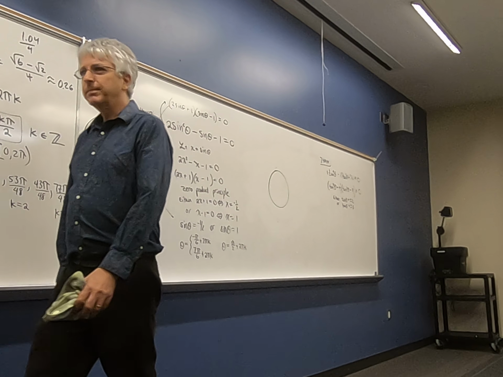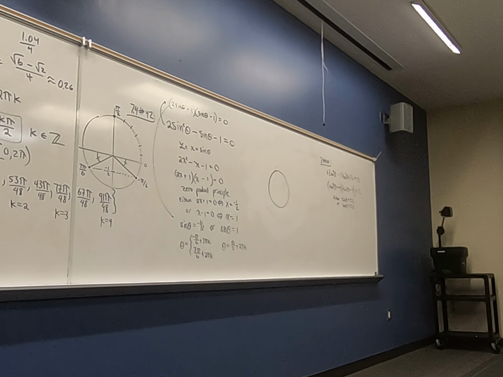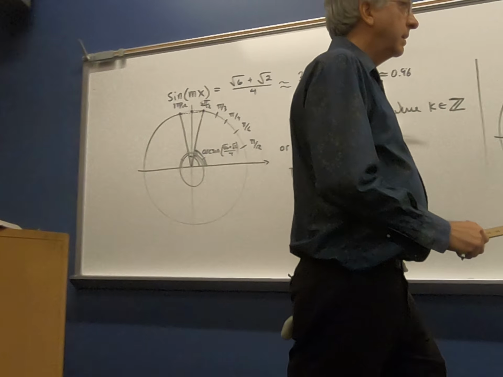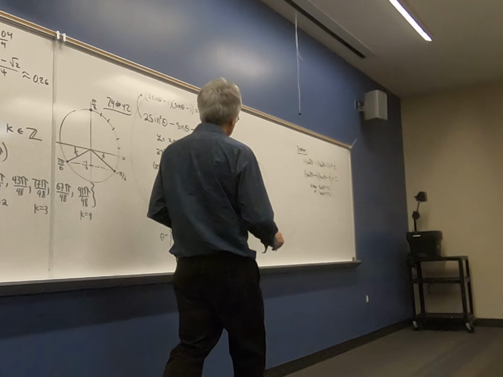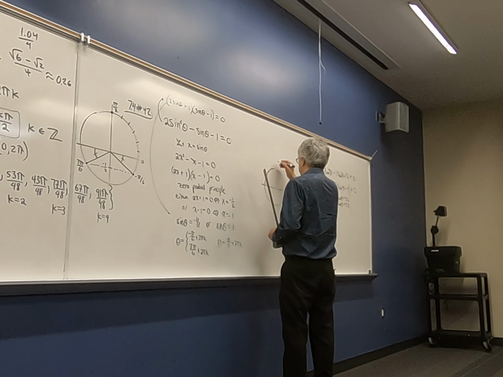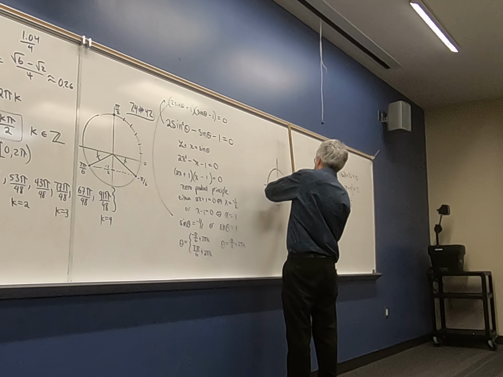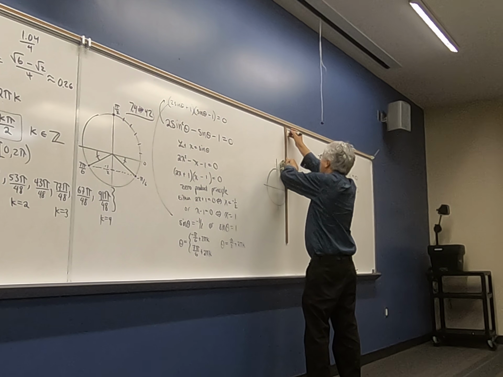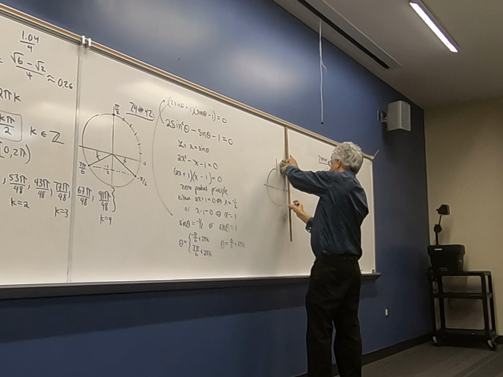Well, you have to find the value of the tangent function on the tangent line, and not just any tangent line, but the tangent line here, right? So I'm going to draw the line tangent to the circle there, and I'm going to say this is the unit circle.